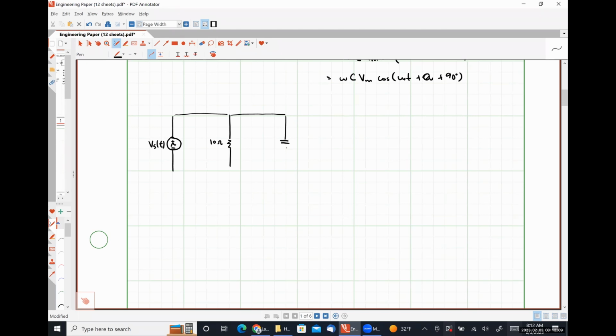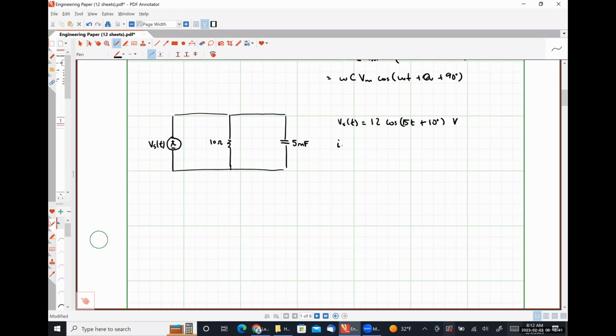And also connected in parallel to a 5 millifarad capacitor. Vs of t will be 12 cosine 15t plus 10 degrees volts.